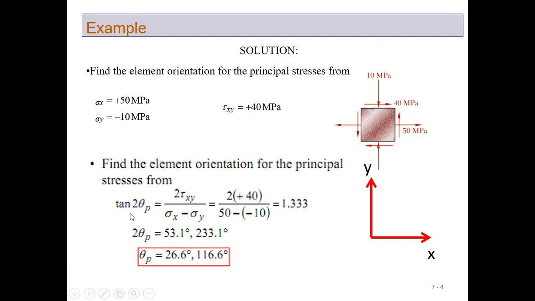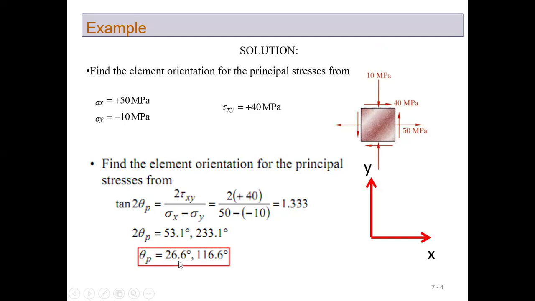Then you take the tangent inverse on both sides of the equation. So 2 theta p comes out to be 53.1 degrees. And when we divide this by 2, theta p is equal to 26.6 degrees.